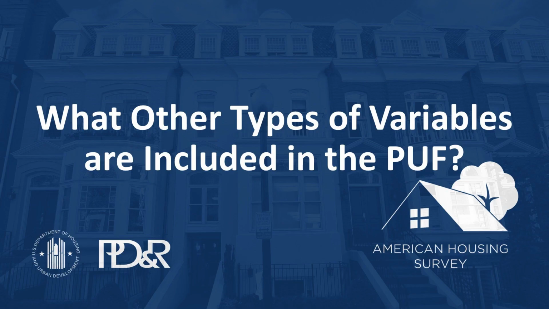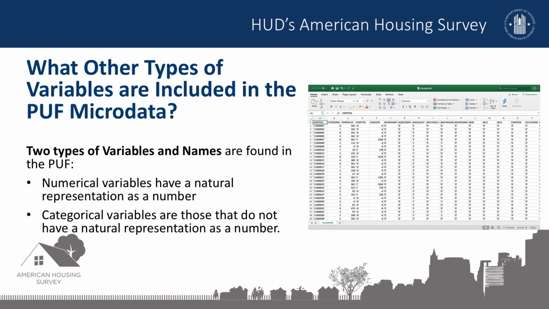We just covered several variables that appear in the PUF microdata, including control, in status, the geographic indicators, the weights, and the replicate weights. The other variables in the PUF are responses to the survey questions. Let's take a look at these PUF microdata variables. Two types of variables and names are found in the PUF microdata.